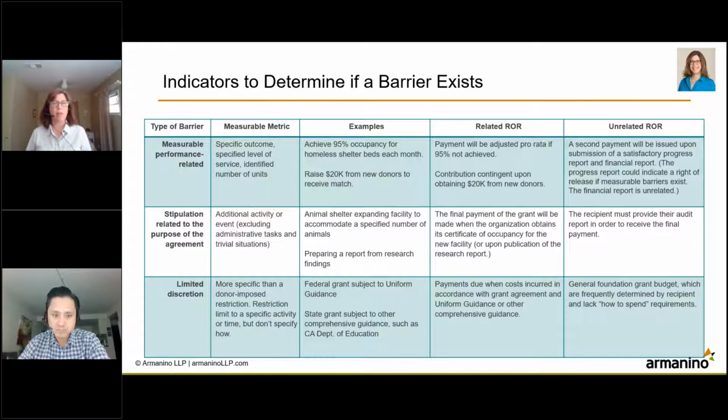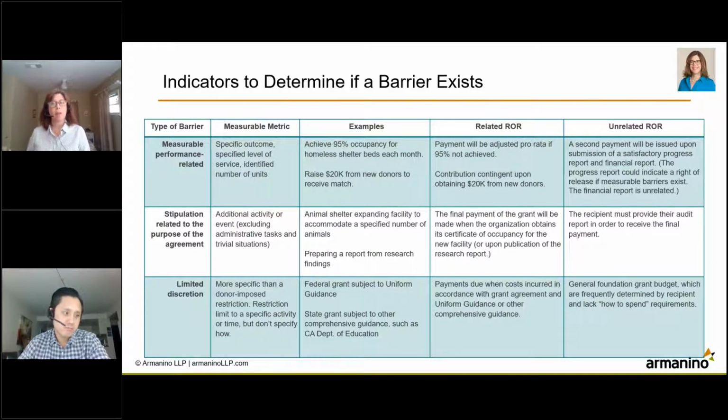So the implication there would be that the grant is conditional, or at least that final payment is, because the organization is not entitled to receive that final payment until it obtains the certificate of occupancy for the new facility. Same thing with the report on research findings. If it must be published in order to receive the final payment, then at least that final payment is going to be conditional. We'd need to look at the wording around the right of return or release to see whether or not any advances made earlier might also be conditional.